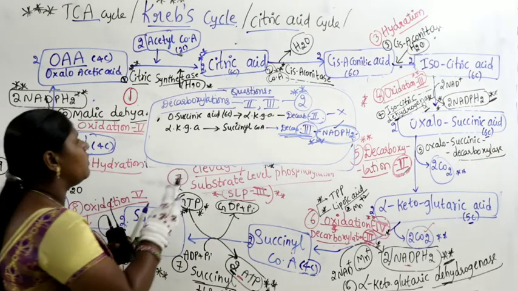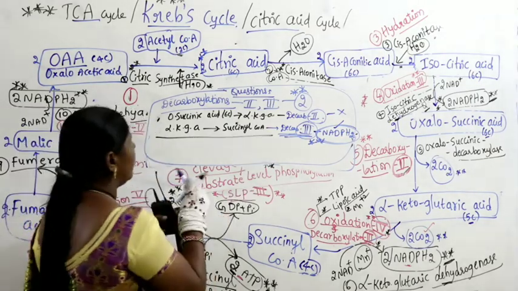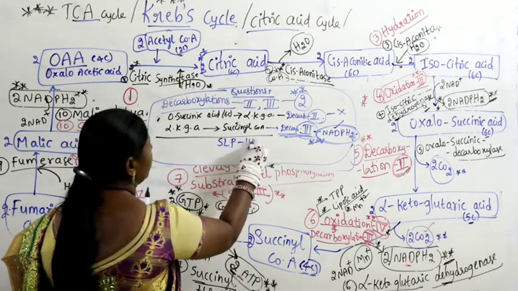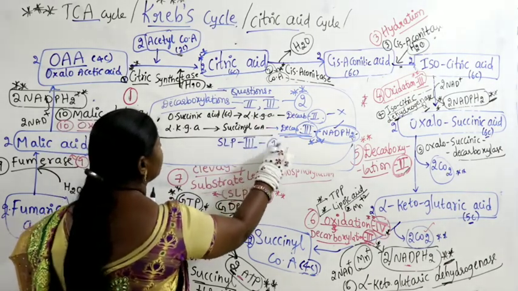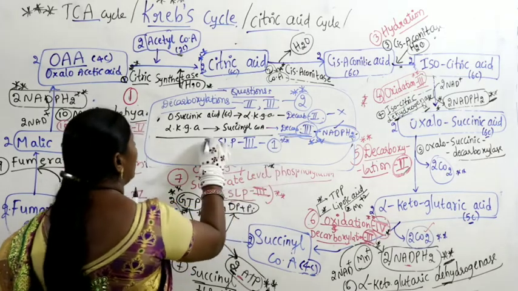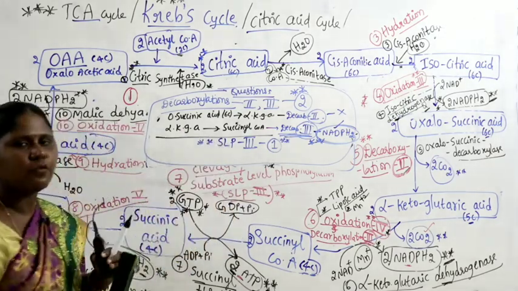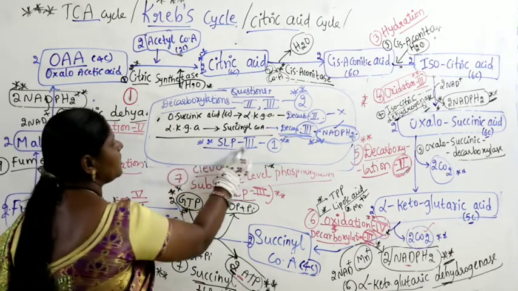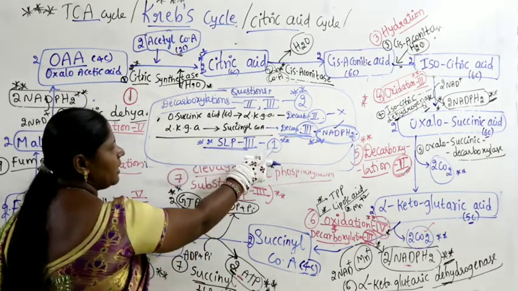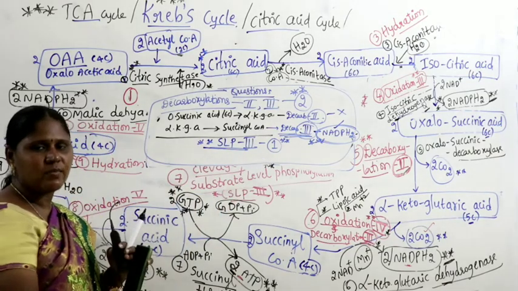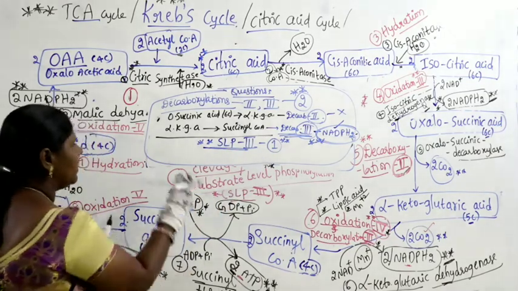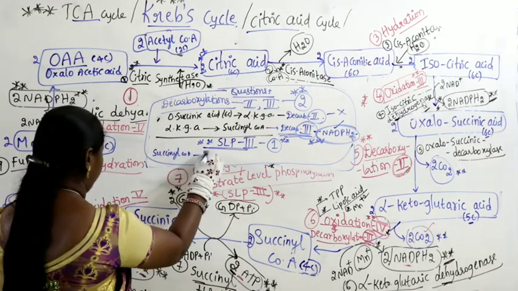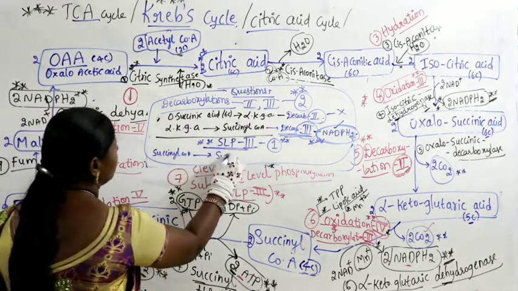And next is the question on substrate level phosphorylation. Substrate level phosphorylation occurs only once, in the conversion of what to what is the question. It is the conversion from succinyl CoA to succinic acid.